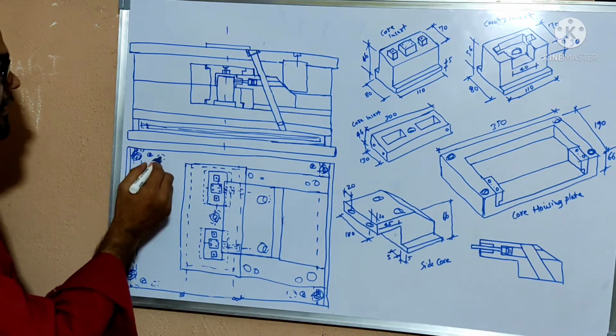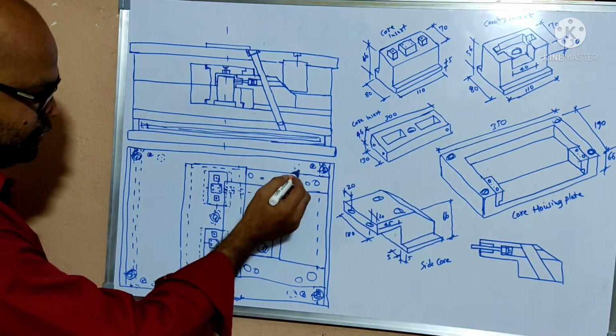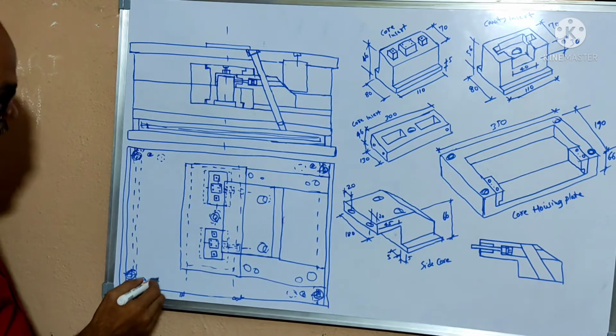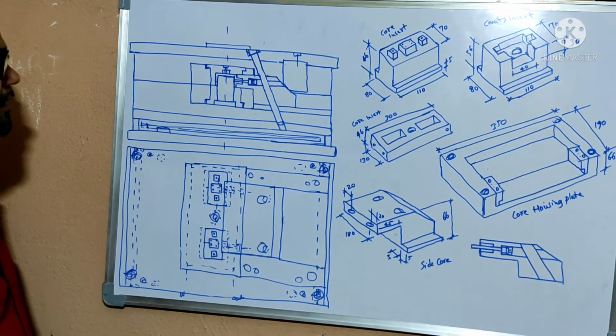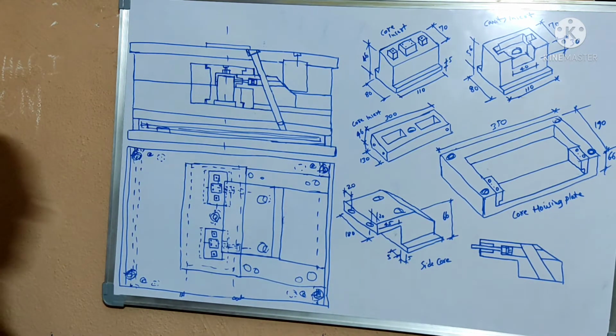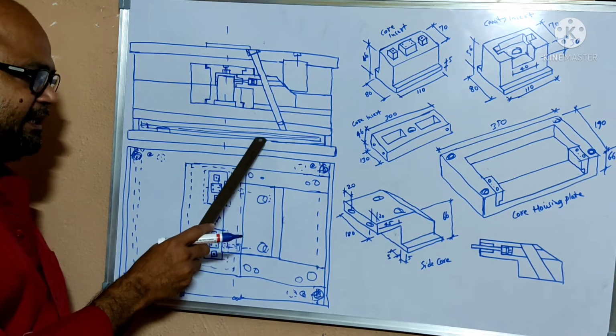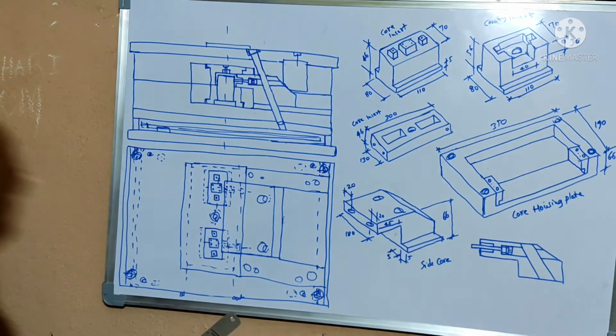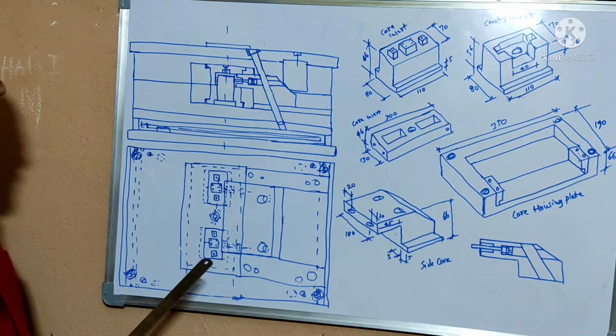Then here this one is 1, 2, 3 and 4. Here are the feed buttons used between the bottom plate and the ejector assembly.